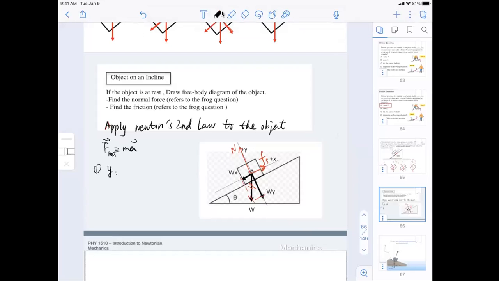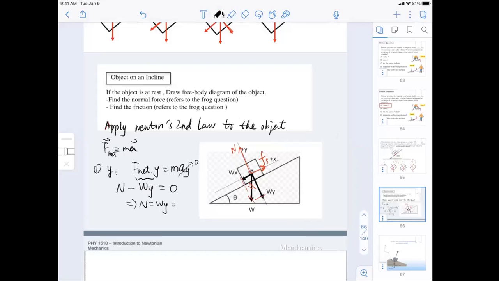In the Y direction, F net is equal to ma in the Y direction. There are two forces in the Y direction. One is a normal force pointing up. One is the component of the gravity in the Y direction. One minus another equals 0 because there's no acceleration in Y. So you found the normal force is Wy.